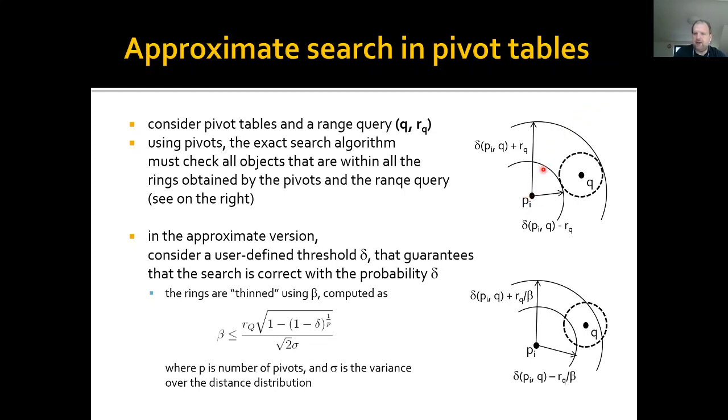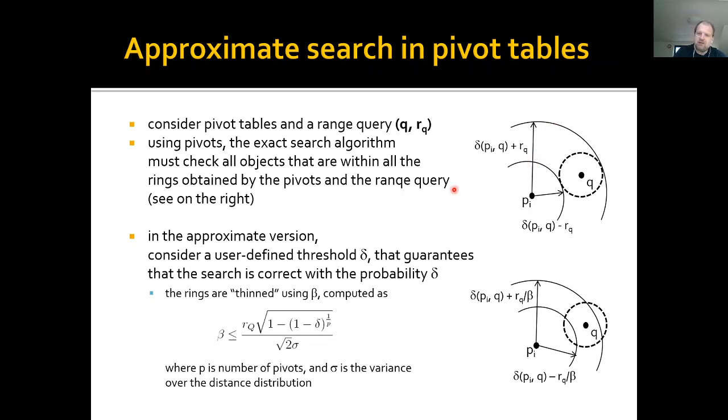So we have a mapping to a line, because we now have a number which is the distance to the pivot, and everything within the distance to the pivot from delta(P,Q) minus R to delta(P,Q) plus R is the interval that needs to be inspected.